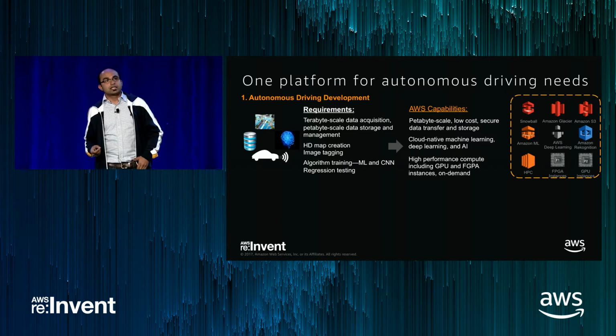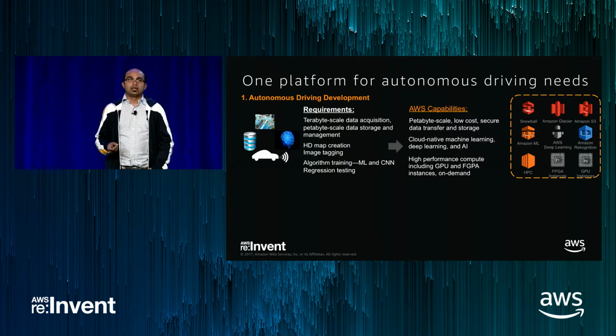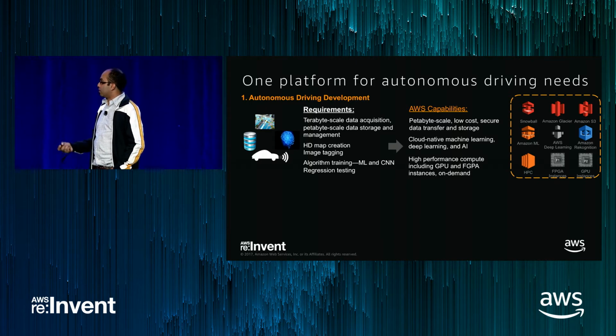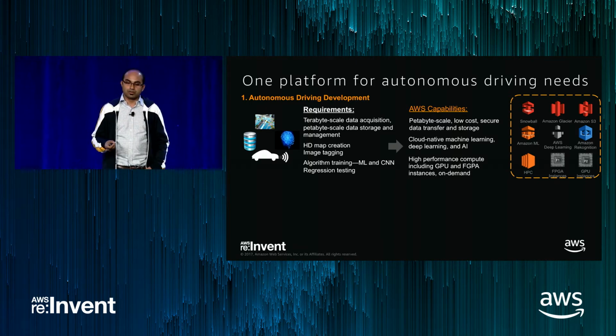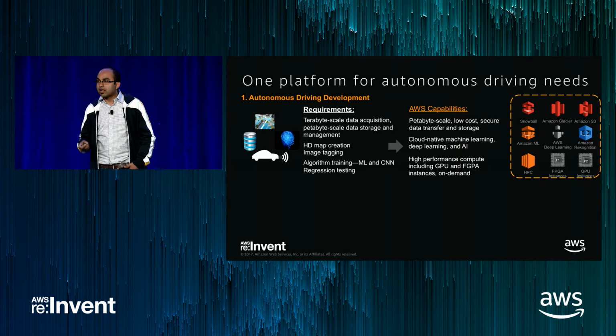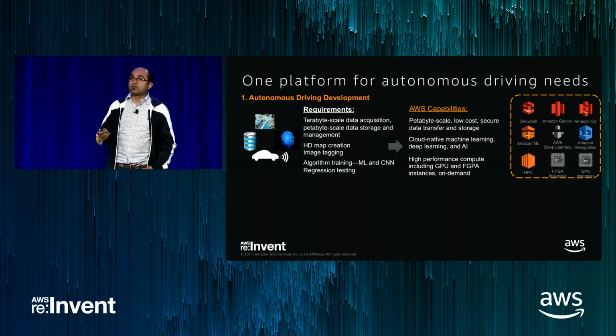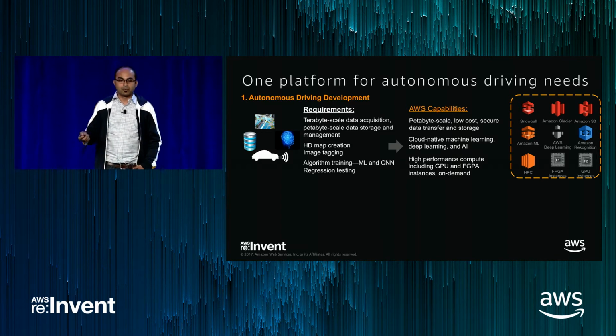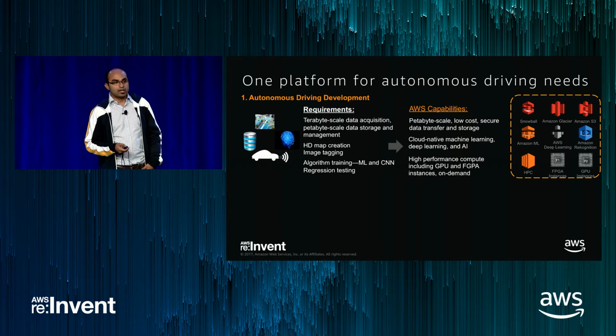The next aspect is, okay, now I have the data in AWS. What do I do? I need to do machine learning, right? I need to figure out what's in the data. So we've got Amazon ML, we've got Rekognition, we've got a whole suite of platforms that I'll walk through that can help here. And not just that, right?